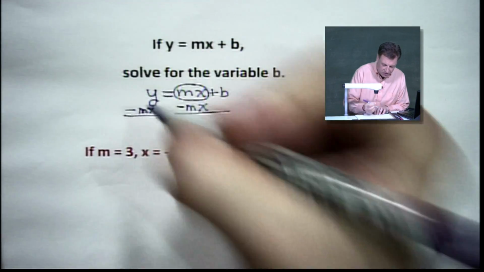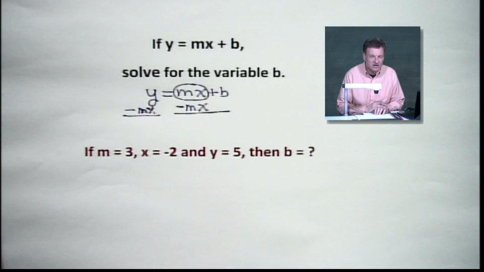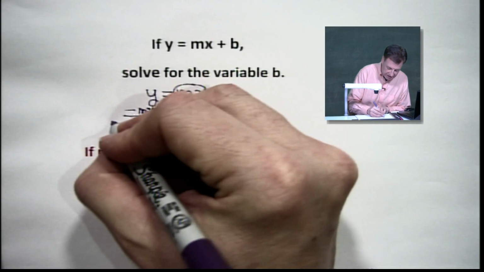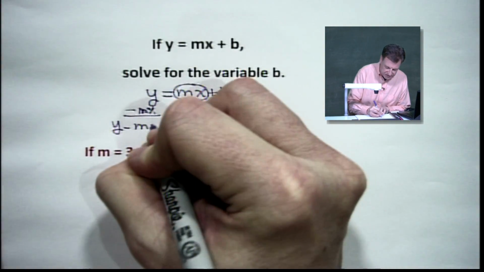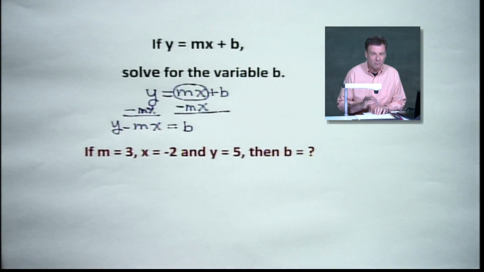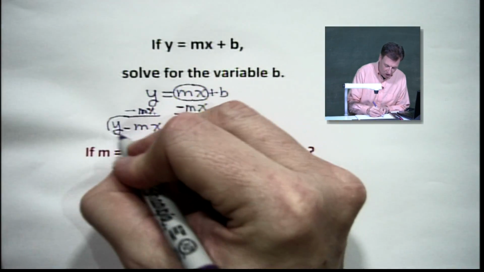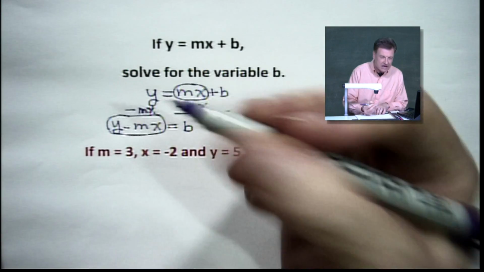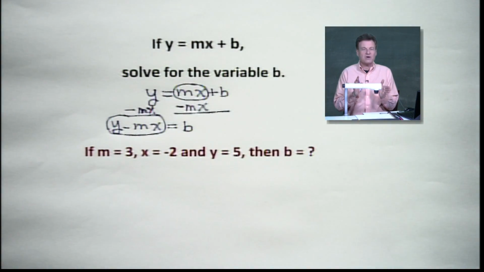And here's where we go. What have we got left over here? Now, some of you are going like, what are you going to do with those m's and x's and y's? We're not going to put them together in one clump. We're going to leave it as y minus mx, and that will equal our value b. That's where we're going. Now, again, you say, Ernie, you got 4 letters up there. What does that mean?